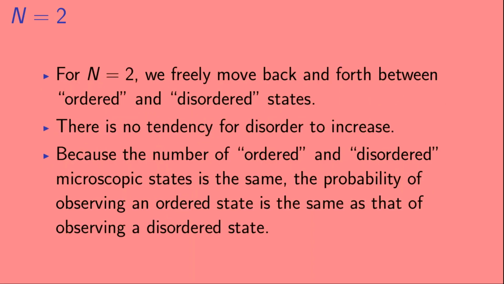So for n equals 2, we freely move back and forth between ordered and disordered states. There is no tendency for disorder to increase. Because the number of ordered and disordered microscopic states is the same, the probability of observing an ordered state is the same as that of observing a disordered state.